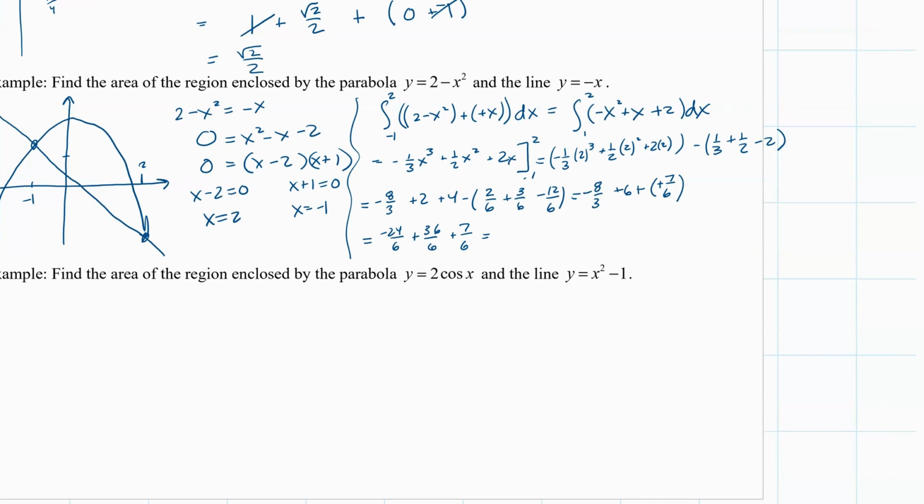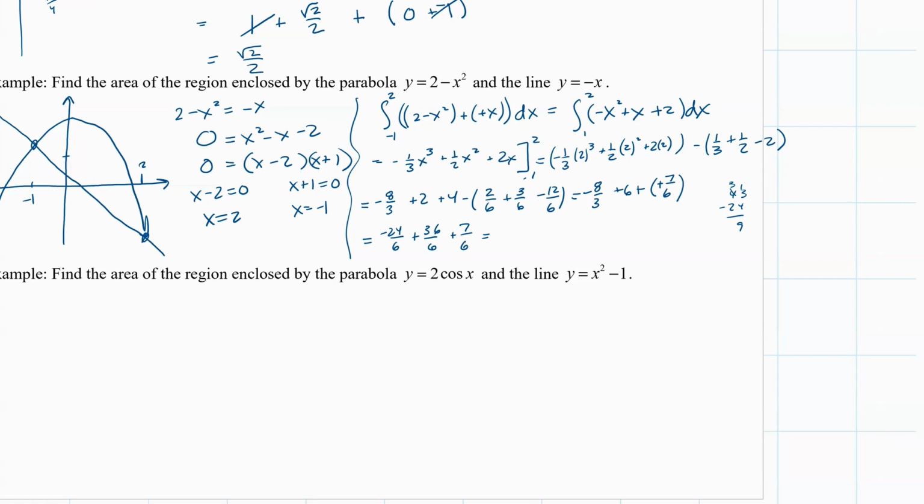That would be 36 plus 7 is 43, 43 minus 24, appears to be not right.